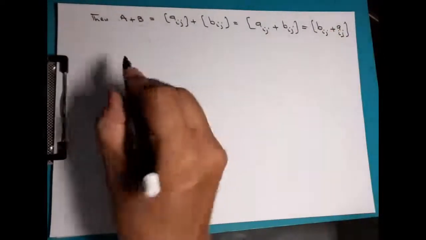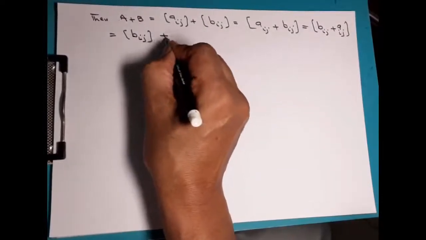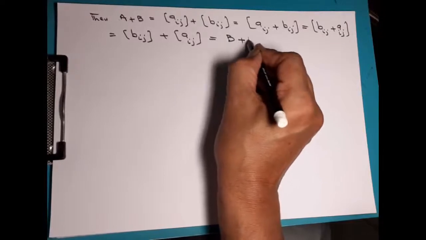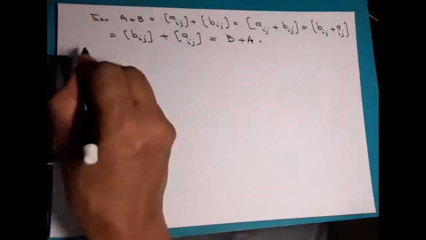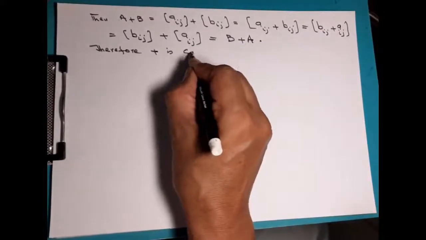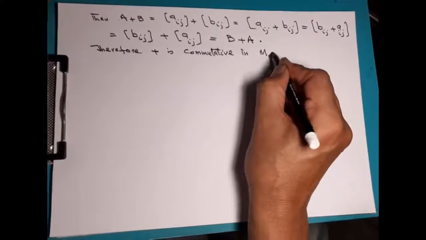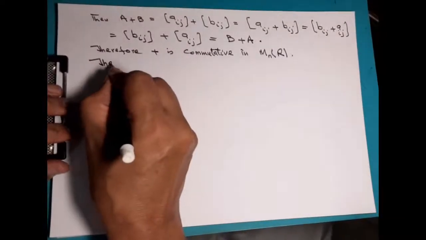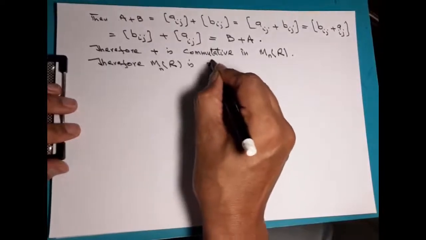Now again apply the definition of addition of matrices. So this is equal to matrix Bij plus matrix Aij, and this is equal to B plus A. So we have established that A plus B is equal to B plus A. Therefore addition is commutative in MnR, and therefore MnR is an abelian group under addition.